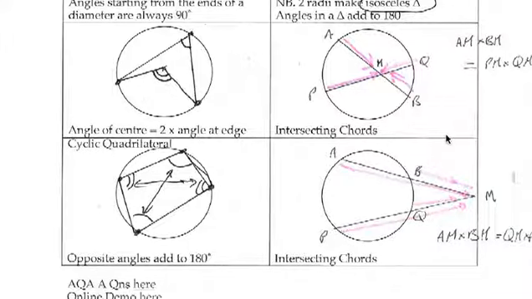Now if you think about it, that's the same rule as up here. For each straight line we're doing where it meets the circle to where the lines intersect times where it meets the circle to where the lines intersect.